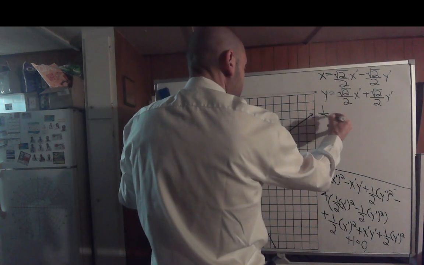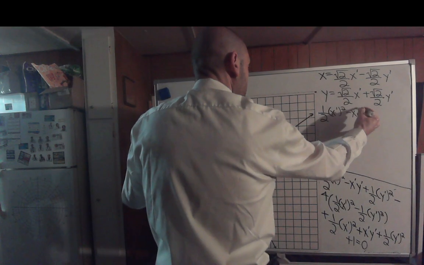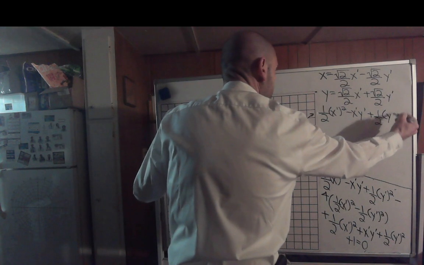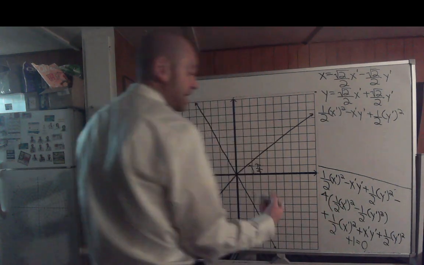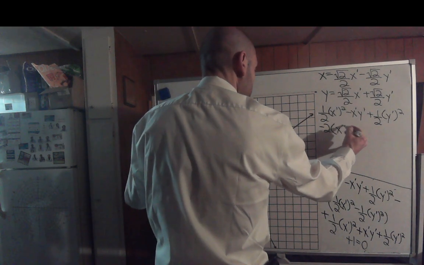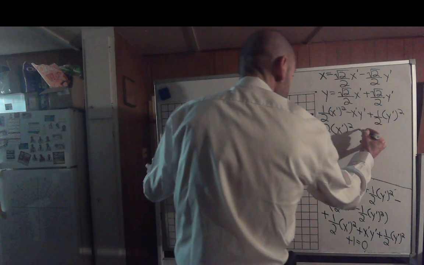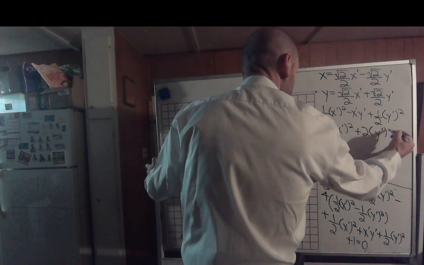So we have 1/2 x prime squared minus x prime y prime plus 1/2 y prime squared, minus 4 times 1/2 x prime squared. That would be minus 2 times x prime squared, minus 4 times negative 1/2 y prime squared. That'd be plus 2 times y prime quantity squared.